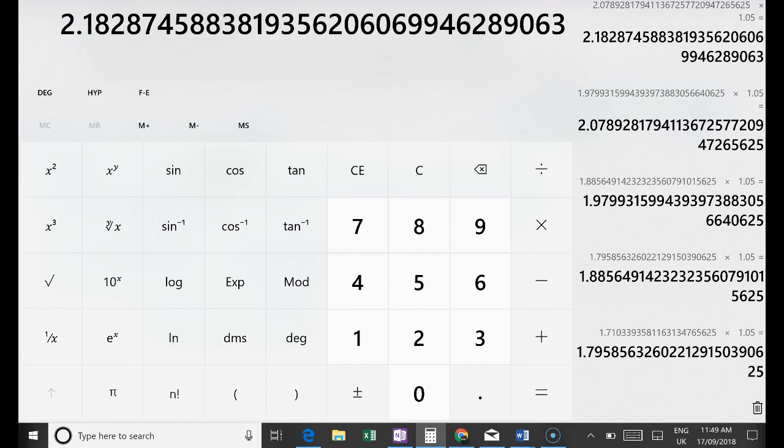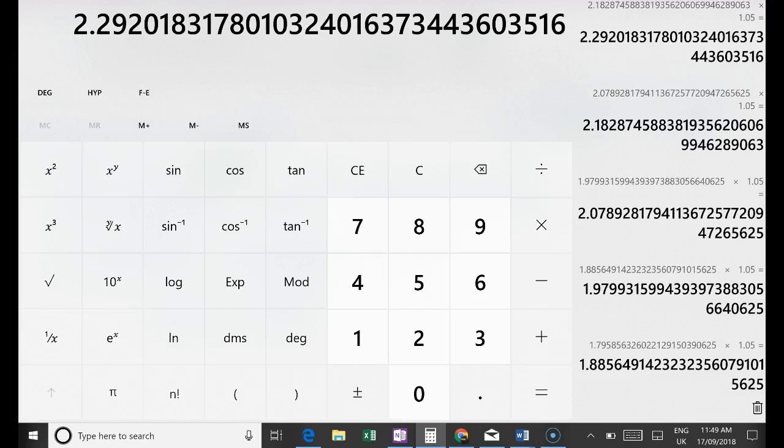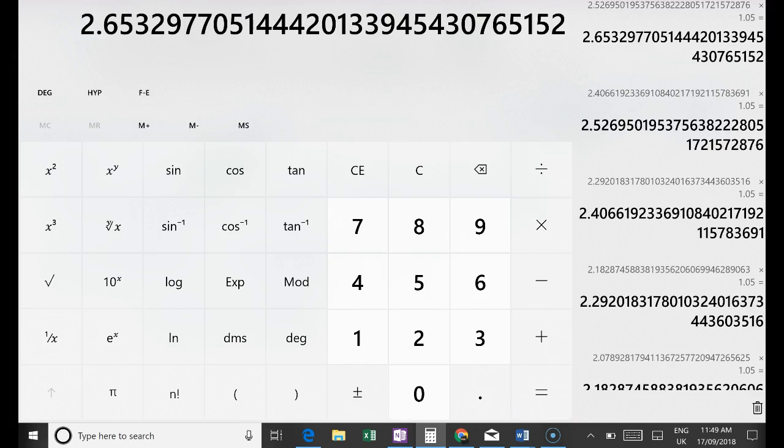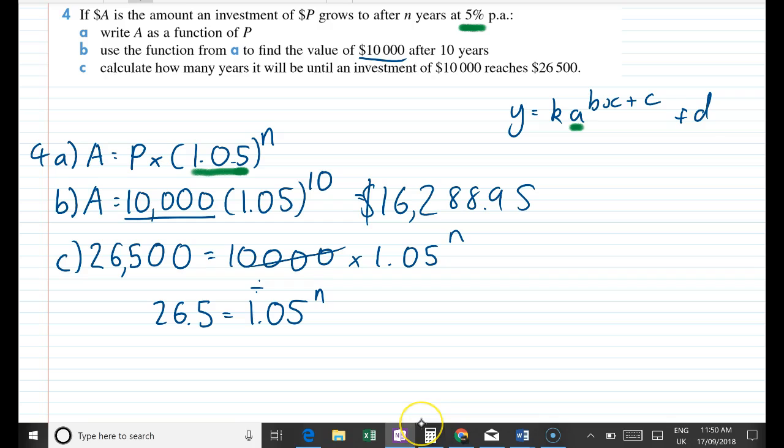Just waiting for the first time it gets above 2.65: 17, 18, 19, 20. So it's 20 times or 20 years, because now it's above 2.65. Yes, it is 20 years.